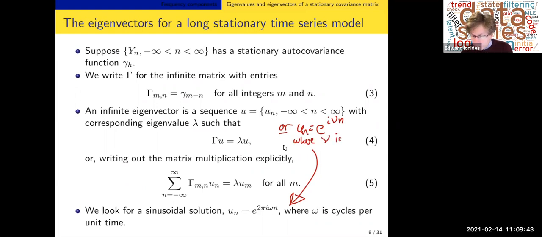Nu then is called angular velocity, in radians per unit time. And it saves a little bit of ink to write nu instead of 2 pi omega, but cycles per unit time is a standard measure of frequency.